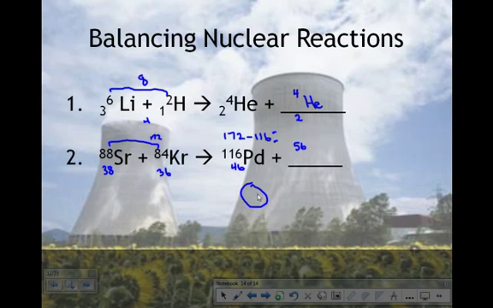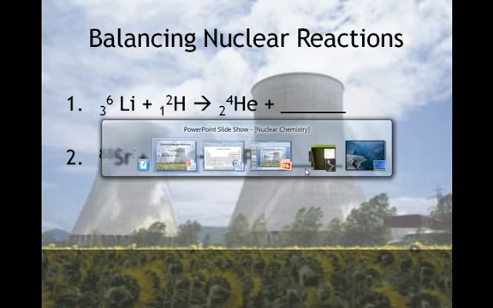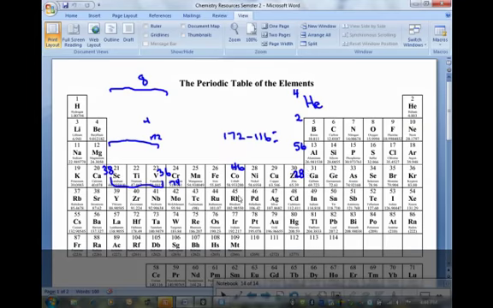Let's look at the bottom numbers and see what we should have for the number of protons. 38 plus 36 adds up to a total of 74. And I already have 46 here, so 74 minus 46 is 28. So we look at the periodic table to find out what element has the atomic number of 28.